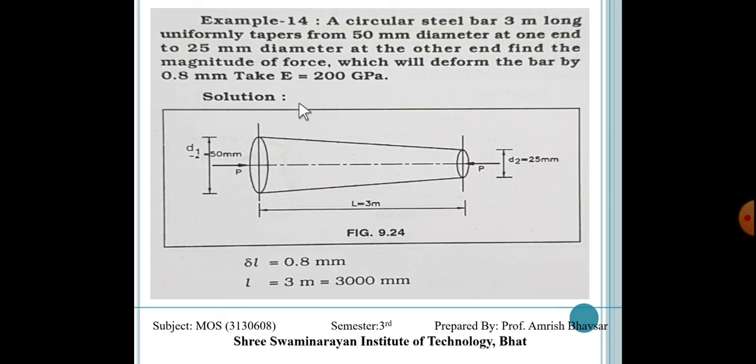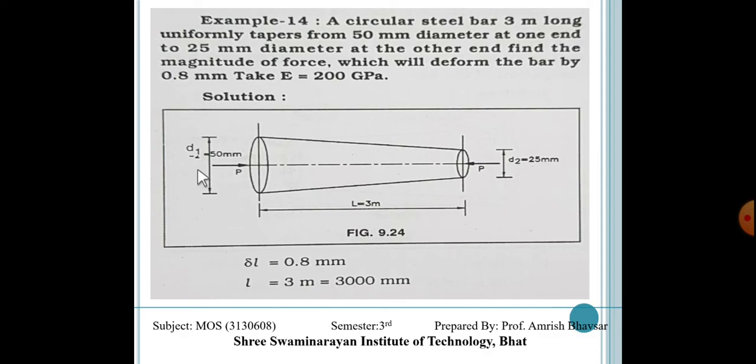So E is equal to 200 GPa means 2 into 10 raised to 5 Newton per mm square, and the elongation, or rather contraction, 0.8 mm means delta L is 0.8 mm over here.